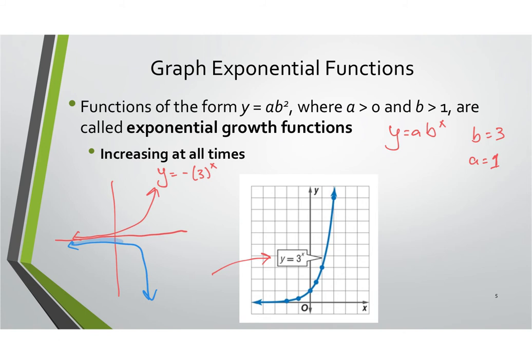So it's still a growth graph because b is still greater than 1. But when a is negative, it flips it over the x-axis, and now it's going down. So this is what a growth graph looks like when a is equal to positive 1 and when a is equal to negative 1, or just any negative number. This could be negative 2, negative 5, doesn't matter.